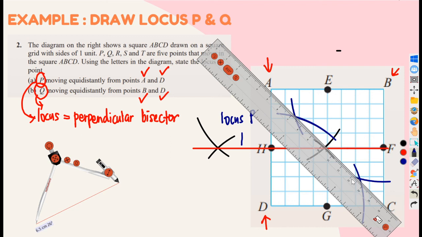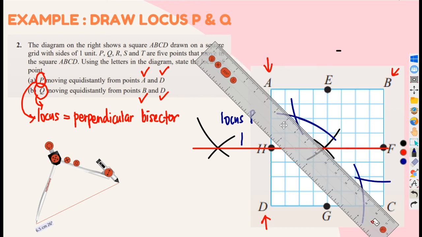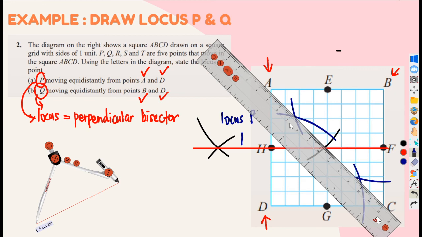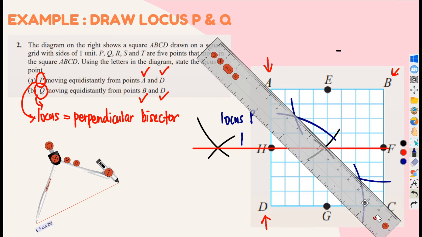You can see these two intersections here, and they must be connected to each other. So now you draw the line here.